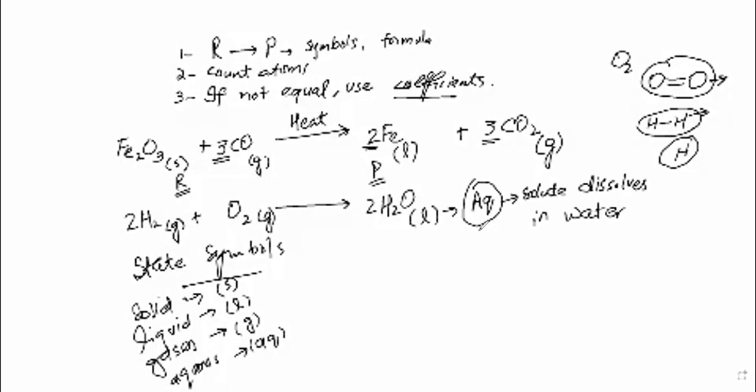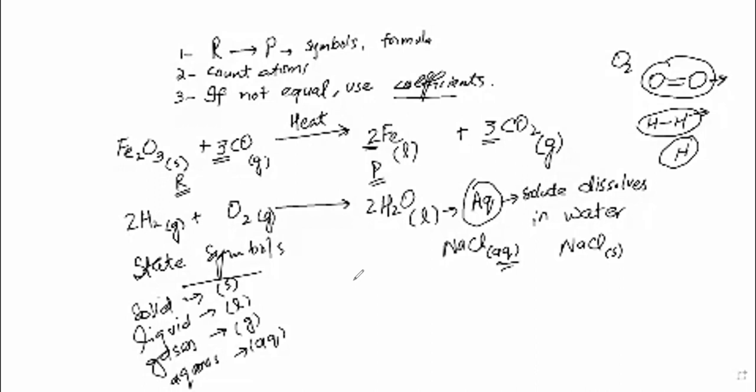Suppose we have NaCl and we dissolve it in water, it will become an aqueous solution of NaCl. We will write aq. Otherwise it exists in the solid form. So here's the difference between aqueous and liquid. Liquid means simply that it exists as a liquid. And aqueous is when we add something into the water and a solution is formed, that is called an aqueous solution.